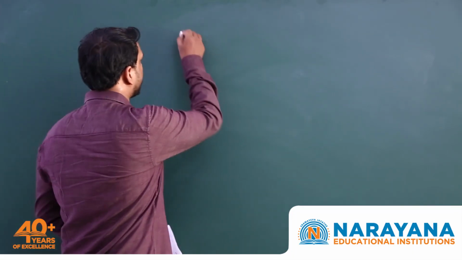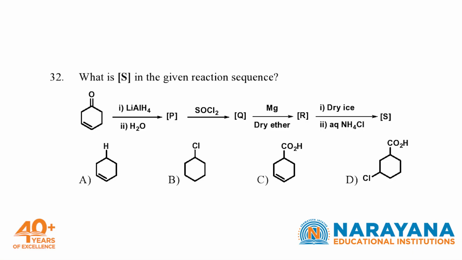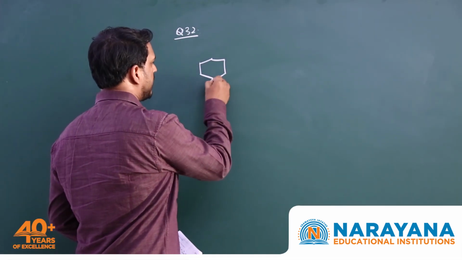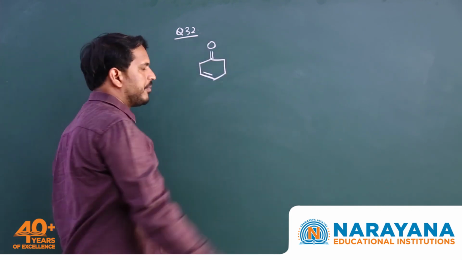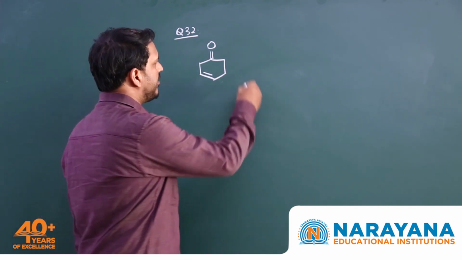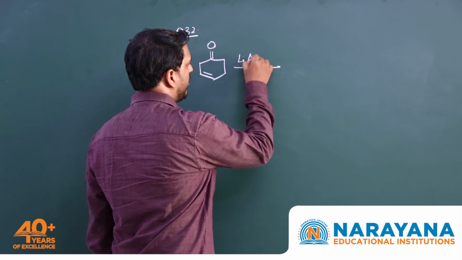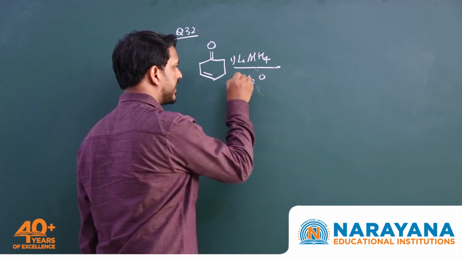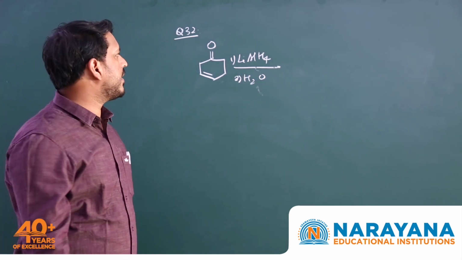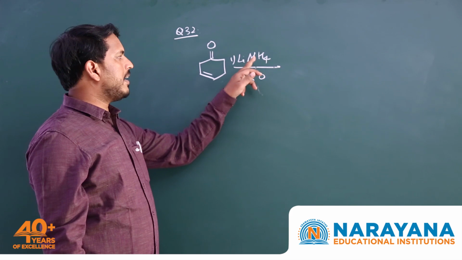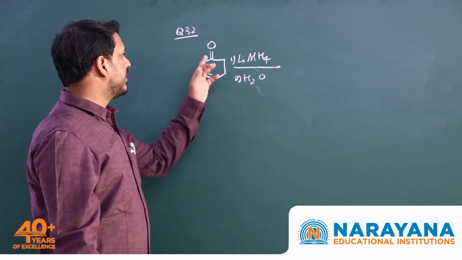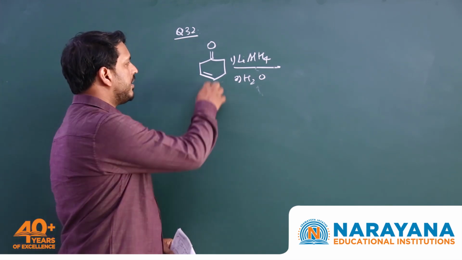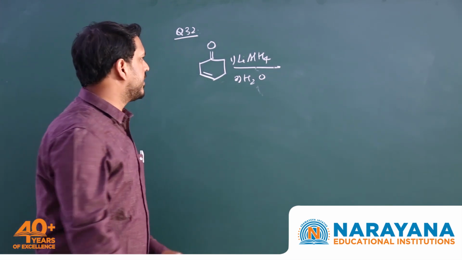Question number 32. In this question the final product is asked. There is a sequence of reactions. This ketone is first reacted with lithium aluminum hydride, then water is added in the second step. What is the product? Lithium aluminum hydride is a reducing agent, converting aldehydes and ketones to the corresponding alcohols, where the double bond is unaffected.